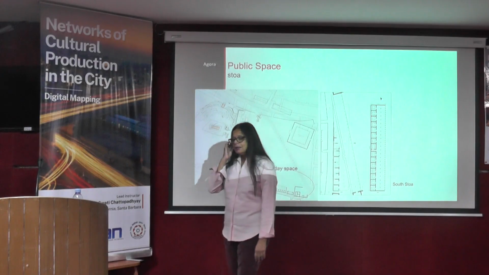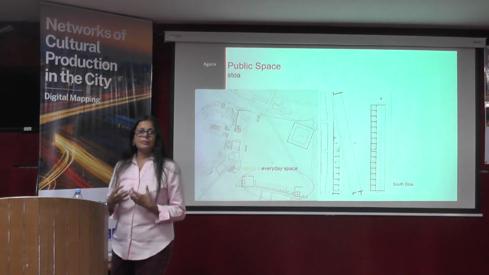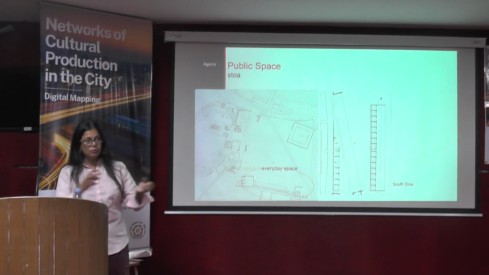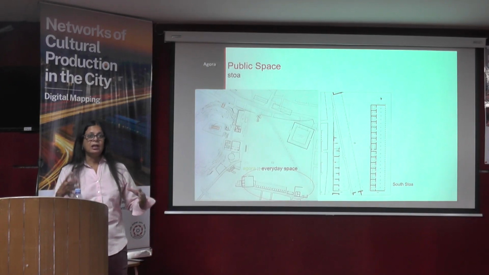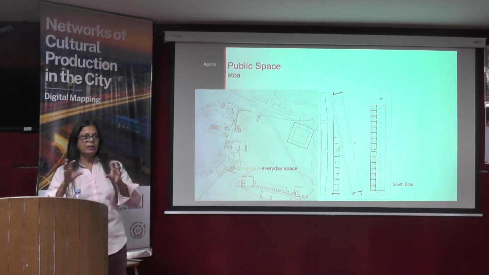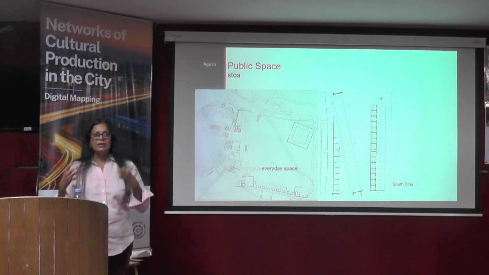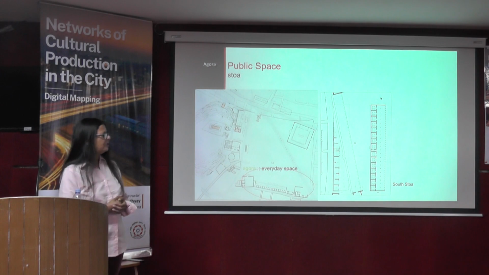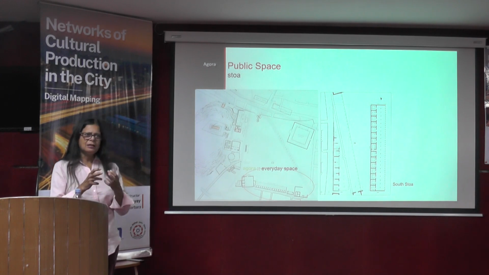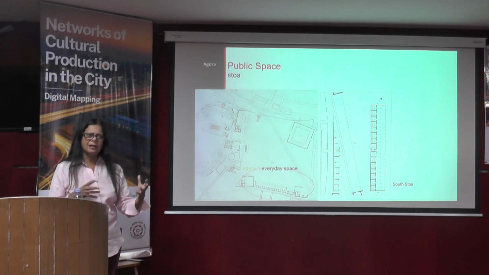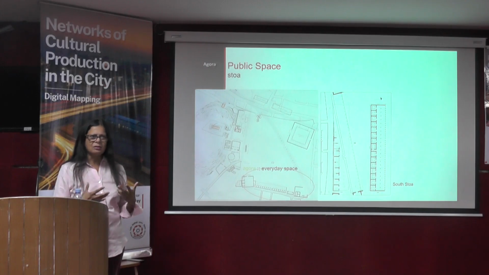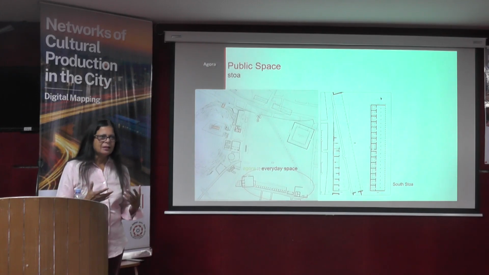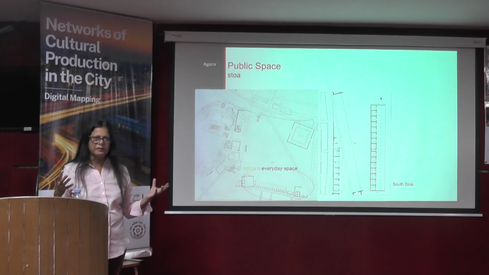And stoa is where you get the term stoic from, because philosophers would promenade, walk up and down. So there's a relation between use of this space by various groups, in this case, the philosophers. In other words, think of them as heterogeneous spaces, with multiple uses. It's not just for shopping or buying things, it's also for conversing.